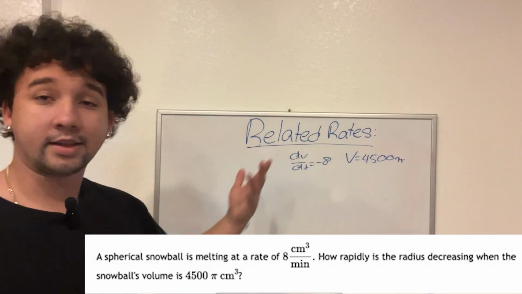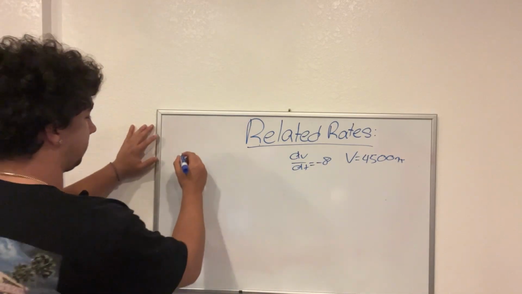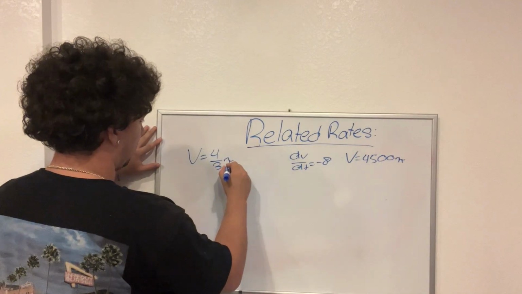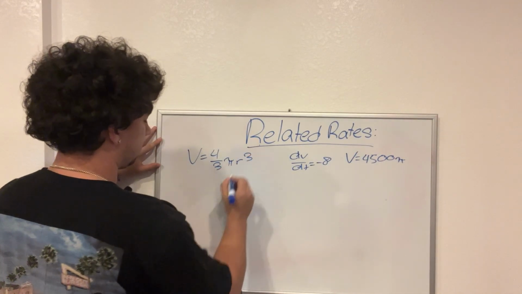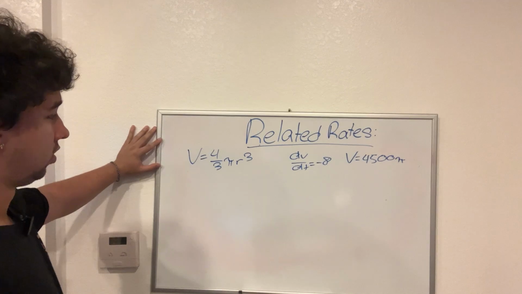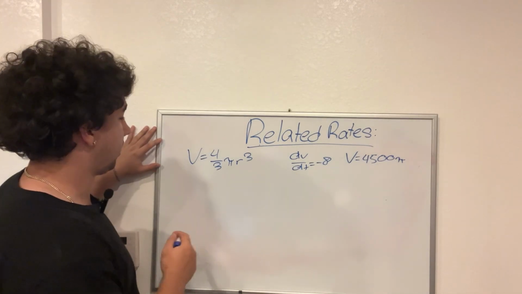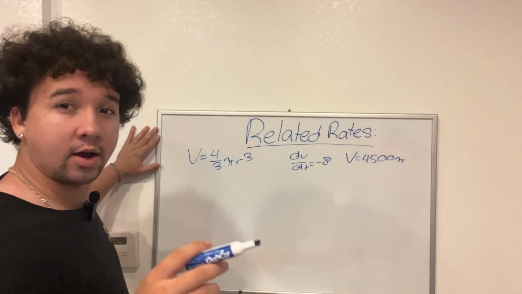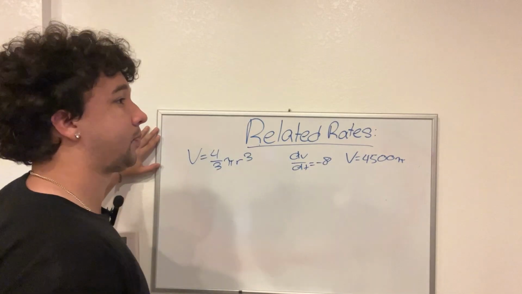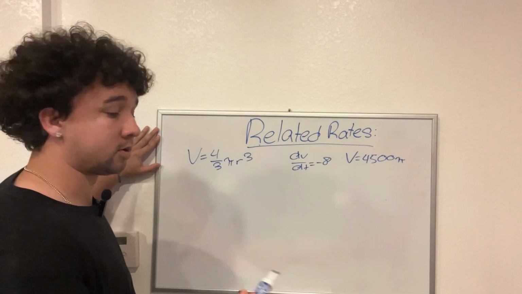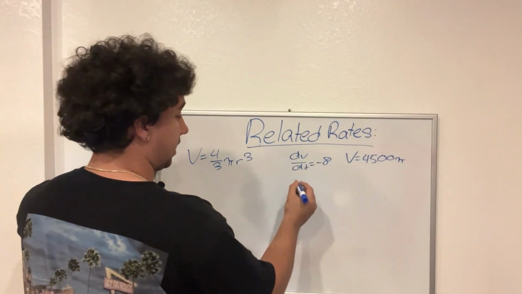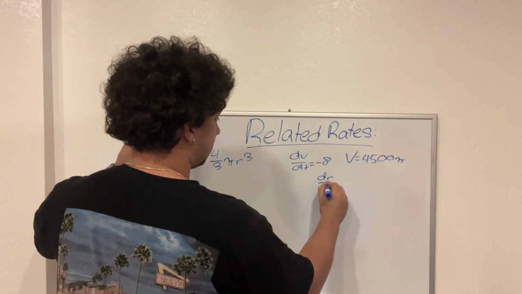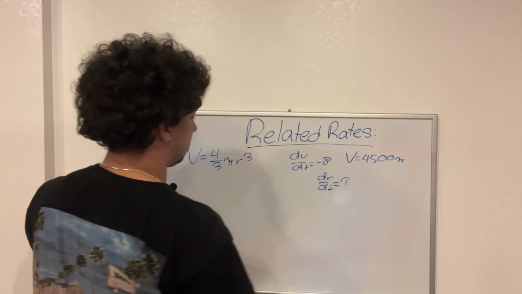It looks like they want us to use volume, so we're going to use the volume formula, which is 4/3 pi times the radius cubed. Anytime we're dealing with a related rates question, I have to think about what I'm solving for. I'm solving for how rapidly the radius is decreasing. That's the rate of change of the radius with respect to time, because it's how fast. So I'm trying to solve for dr/dt.